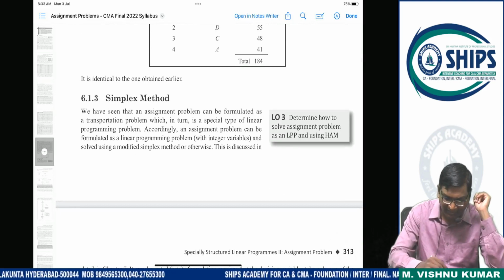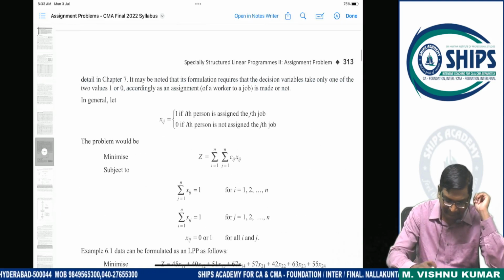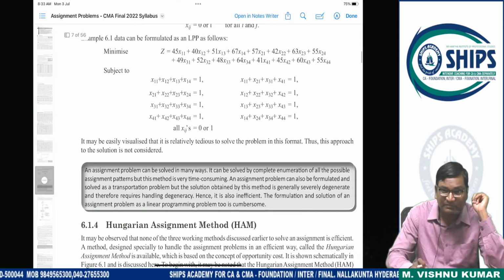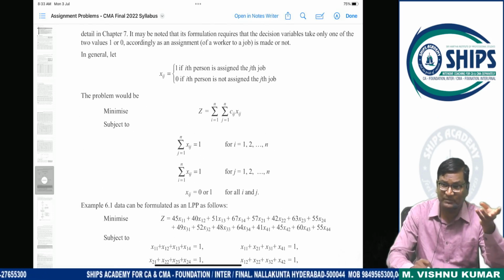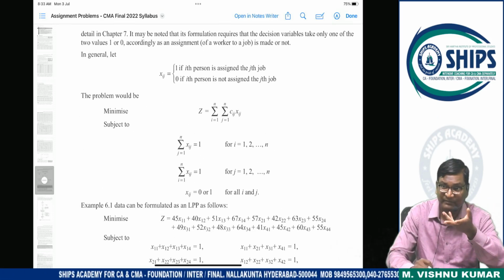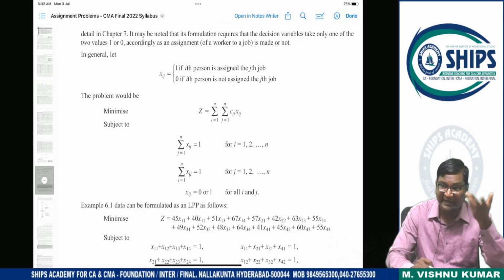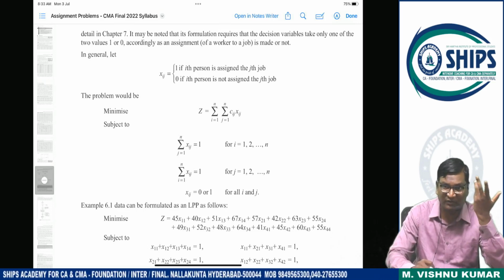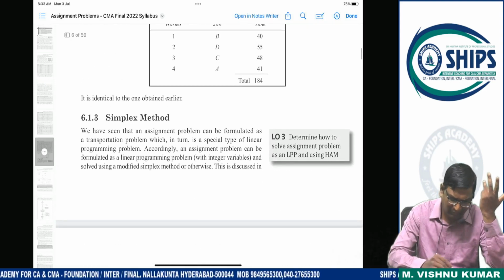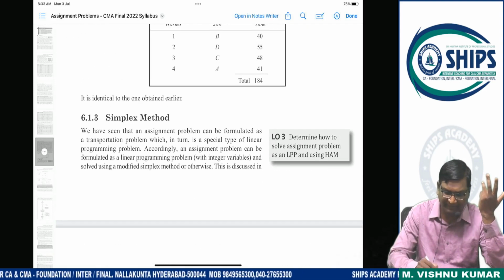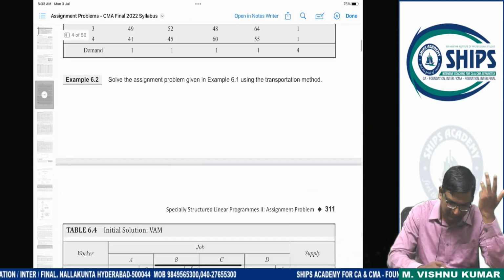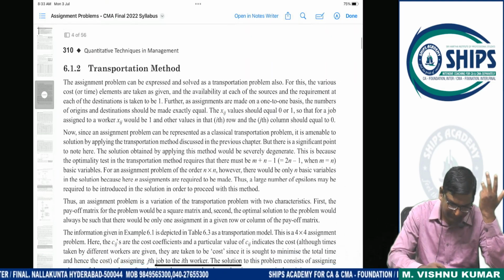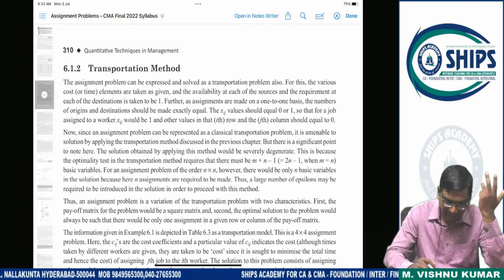In this they introduced assignment. From this also you can get the answer, but the procedure is very complicated. Normal simplex procedure is very difficult. 4 into 4 assignment, 5 into 5 assignment becomes even more difficult. But you will get the answer from the simplex method also, LPP. Then through transportation also you can solve. Clear?